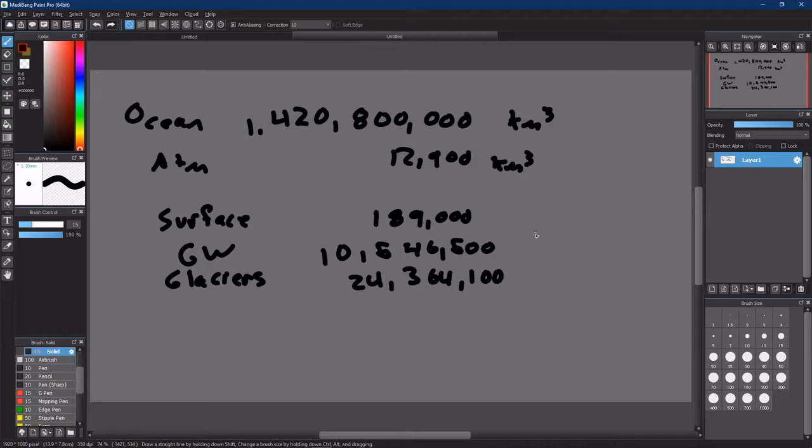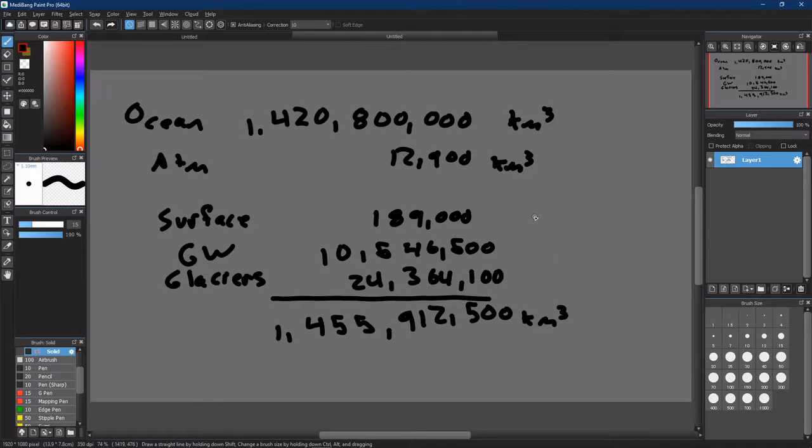18. From Table 2, what is the total volume of water in the water cycle? So if you look at that number and total all these up, it works out to be 1,455,912,500 cubic kilometers, which is the total volume of all the reservoirs on Earth.